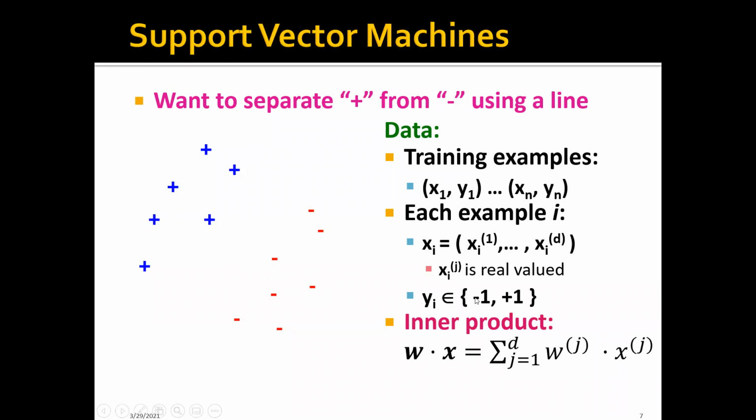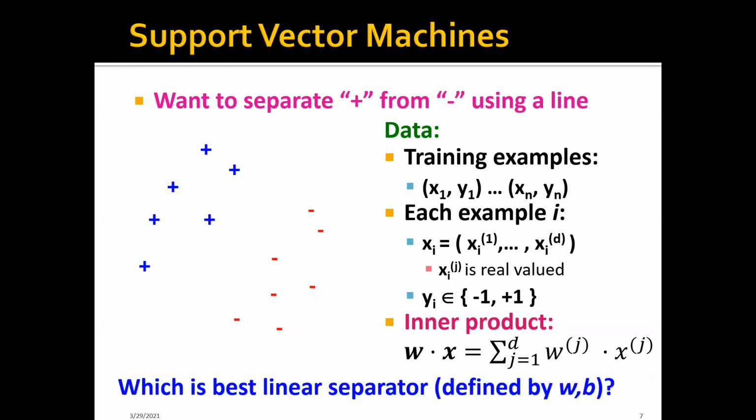Since we are learning a linear model, the model will be represented using W and also b. If we have the model, we take the inner product between W and x. If this inner product is larger than some threshold, we say that it's positive, and if it's smaller than some threshold, we predict that it's negative.